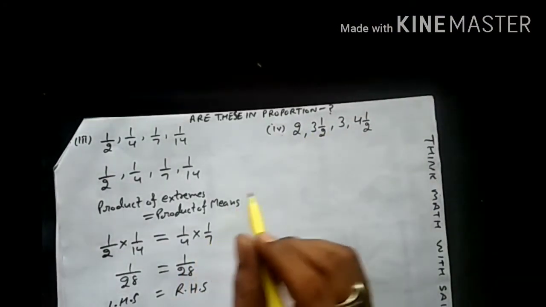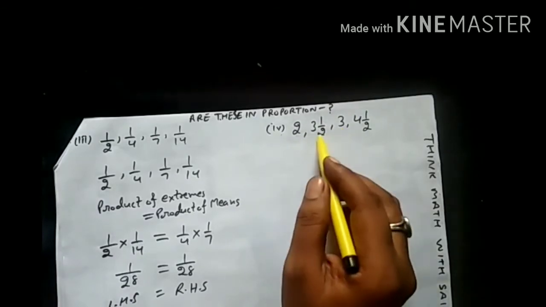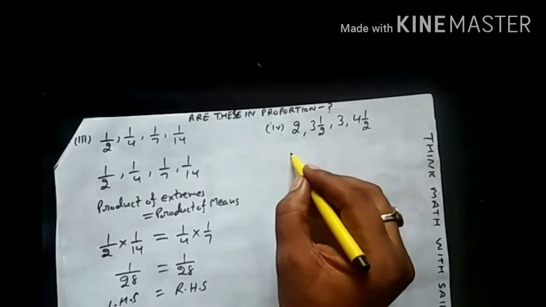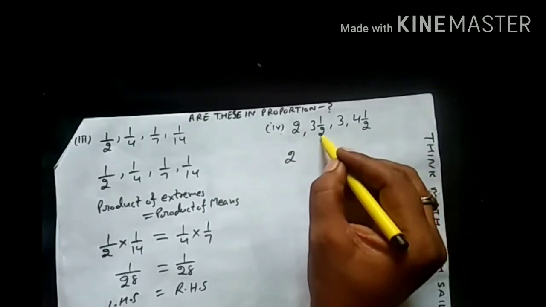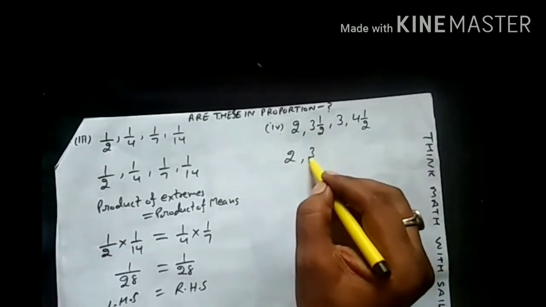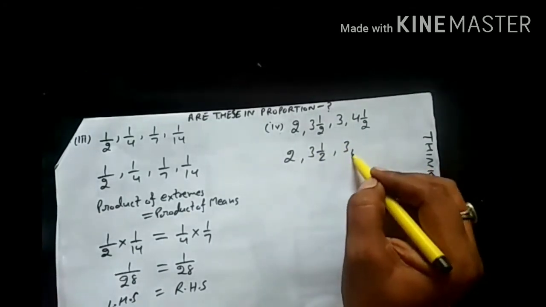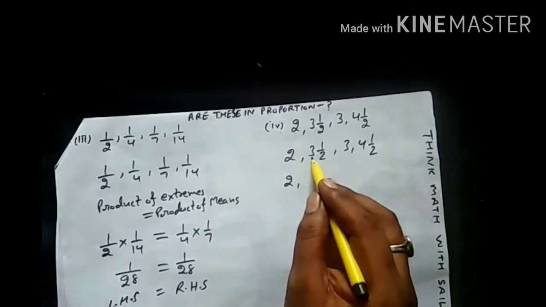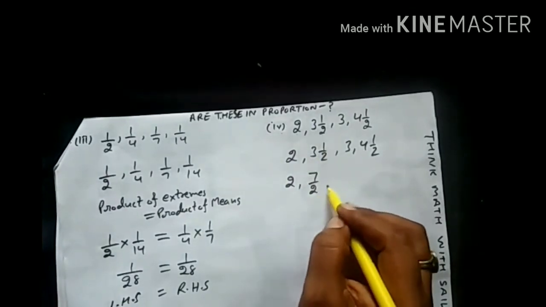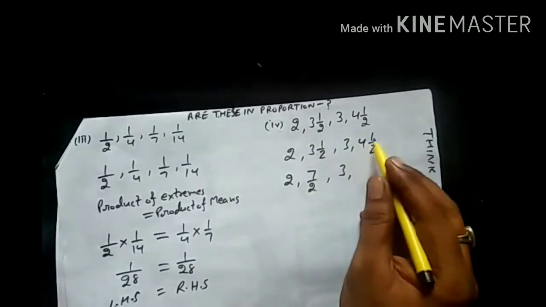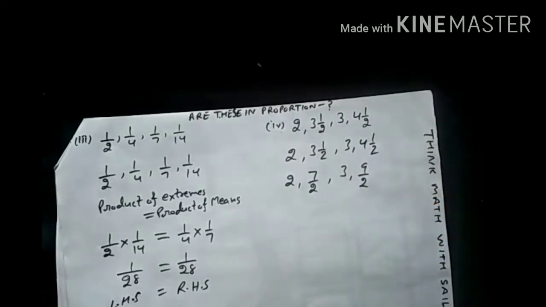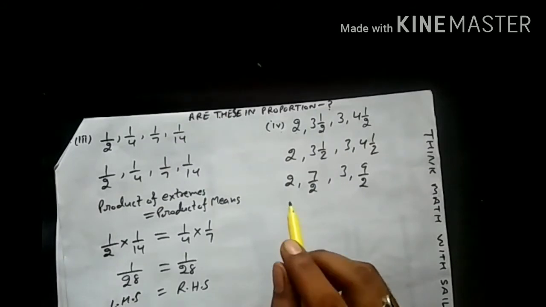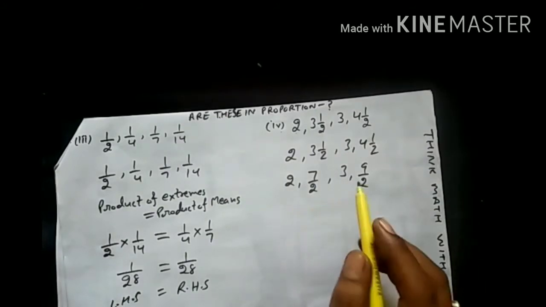Now we are on the next question. 2, 3.5, 3, 4.5. Now 2, 3.5 is a mixed fraction, and 4.5 is also a mixed fraction. Now these may be converted to improper fractions, 7/2 and 9/2. 3 multiply 2, 6 plus 1, 7, and 2 multiply 4, 8 plus 1, 9/2.